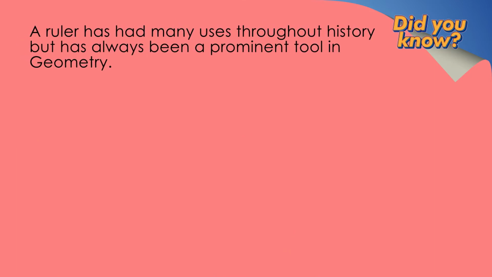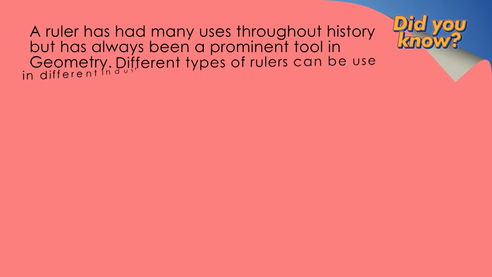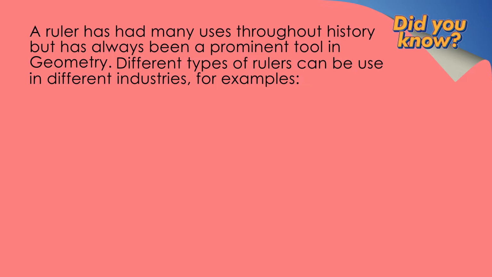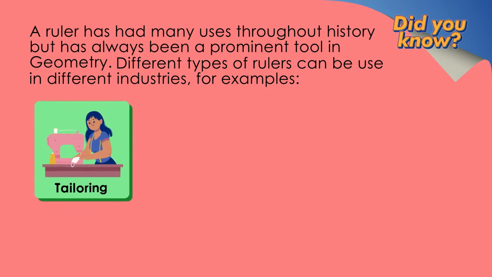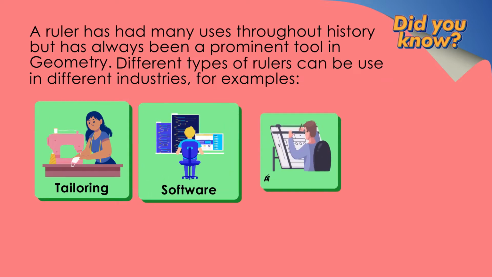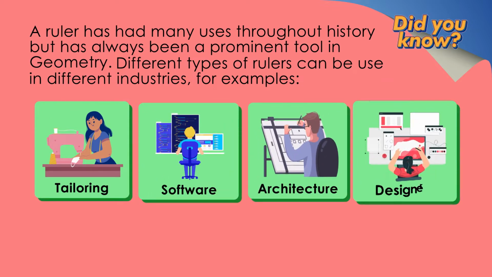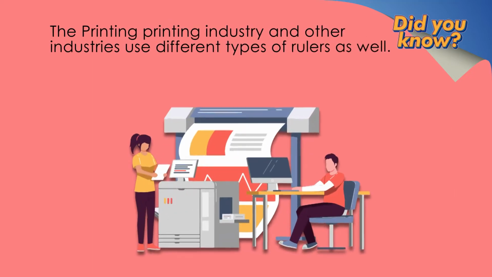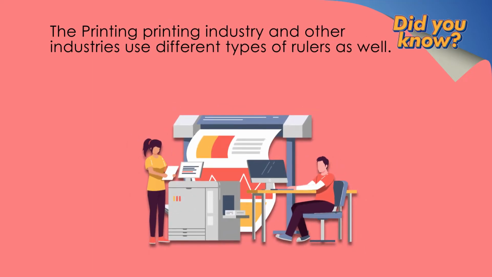A ruler has had many uses throughout history, but has always been a prominent tool in geometry. Different types of rulers can be used in different industries. For example, in tailoring, software, architecture, and design. The printing industry and other industries use different types of rulers as well.